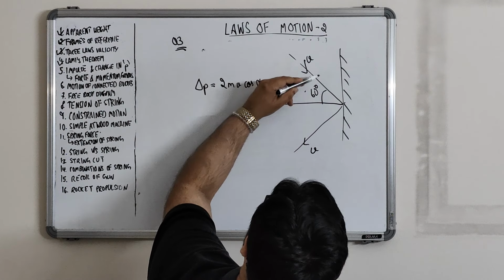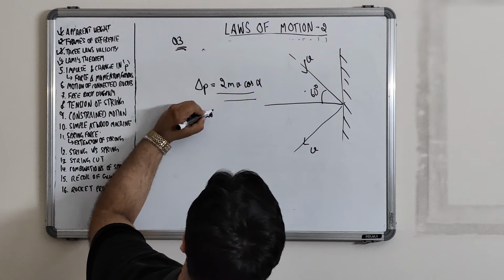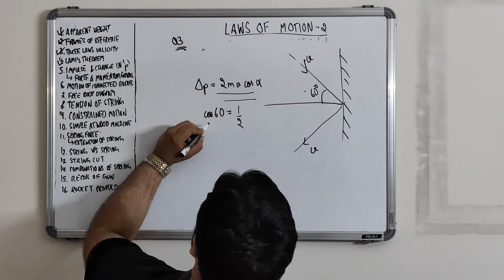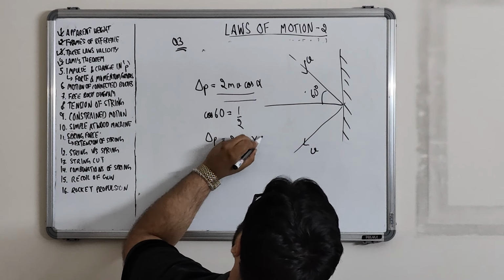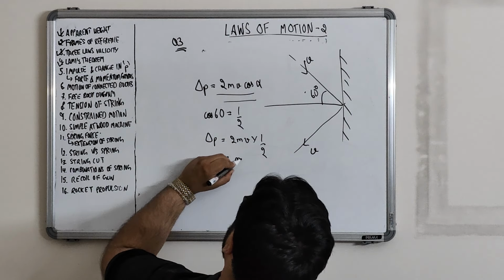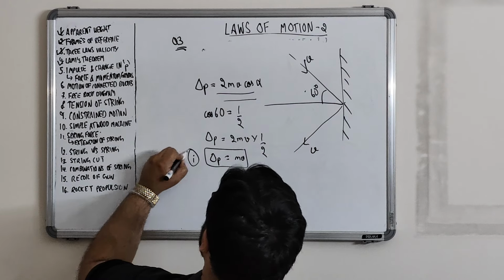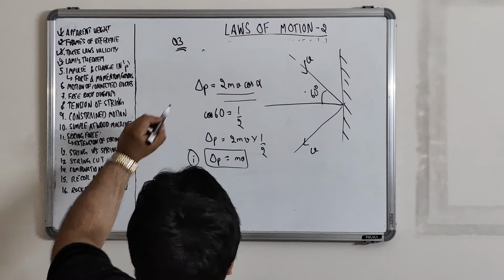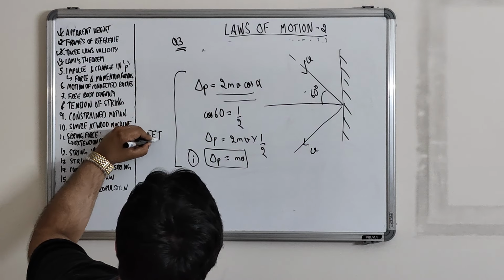Note this is alpha, not theta. So cos 60 is how much? 1 by 2. So delta p is equal to 2mv into 1 by 2, which becomes mv. So delta p is equal to mv. That's the first part. This was in NEET 2016, I think.